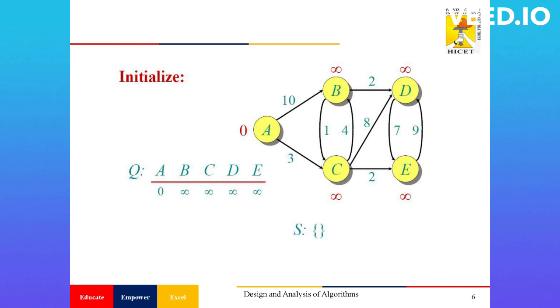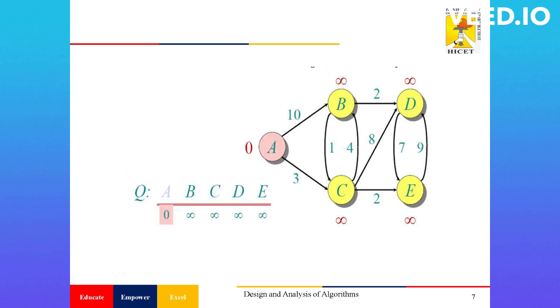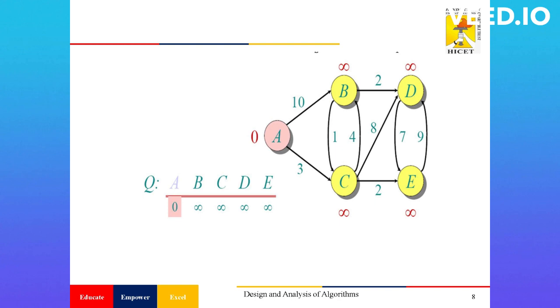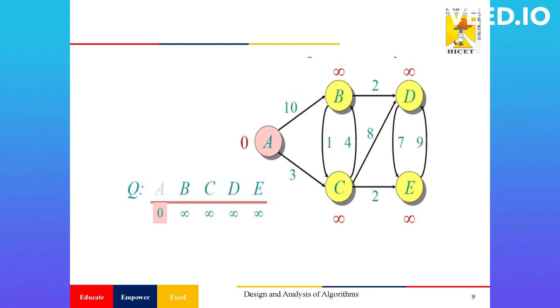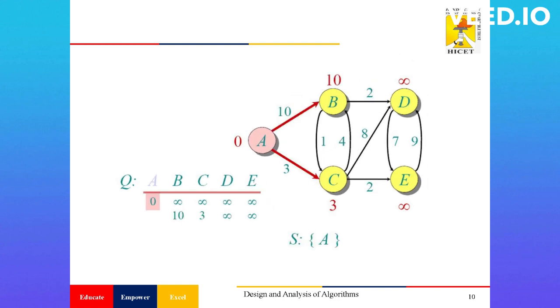So in initialization we have taken the source vertex A as 0. Then the connection is established between B and C, so the weights to B and C are calculated. If you look at the slide, you can understand the connection establishment between B and C. So here we are establishing the connection between the nearest vertices, which are B and C, with weights 10 and 3.